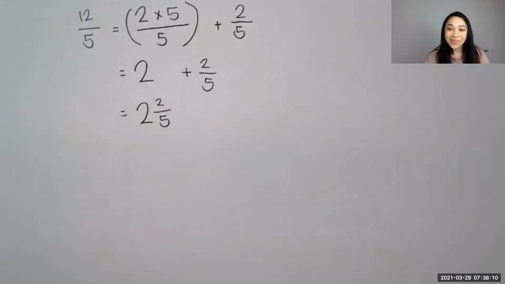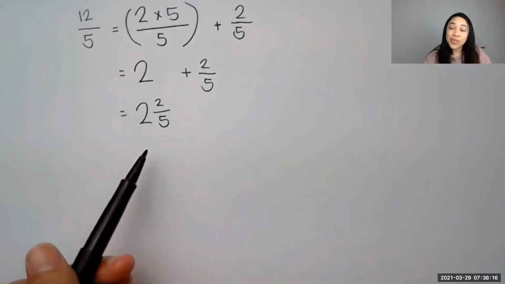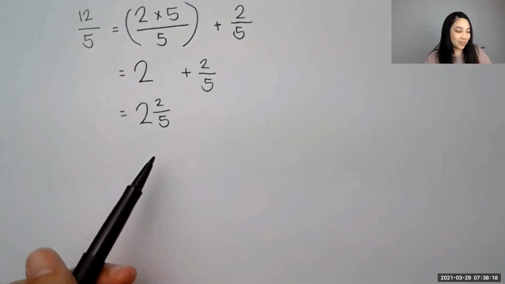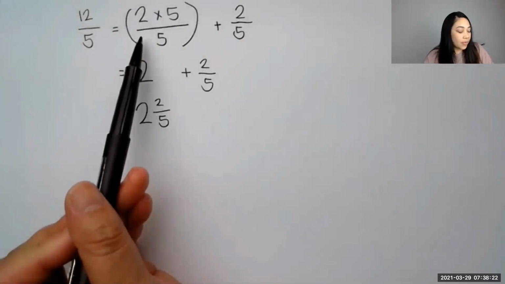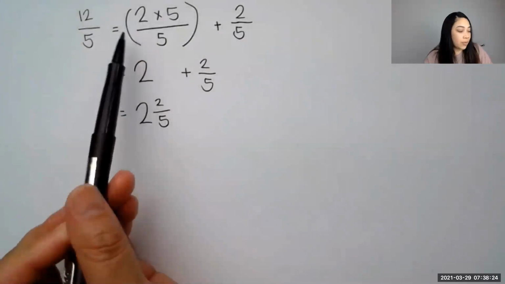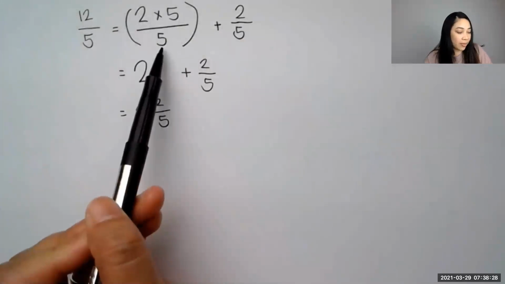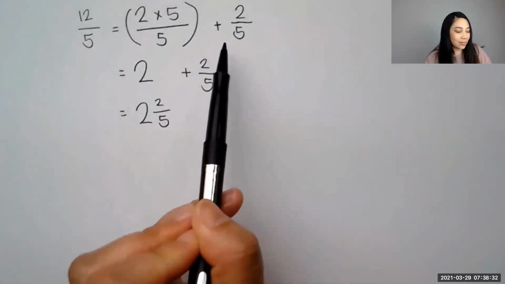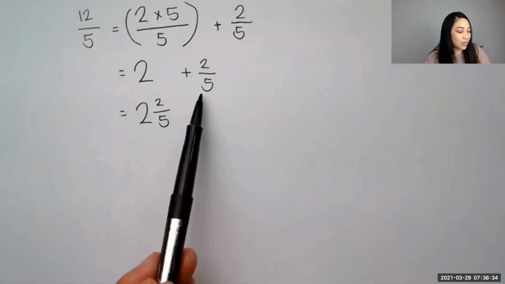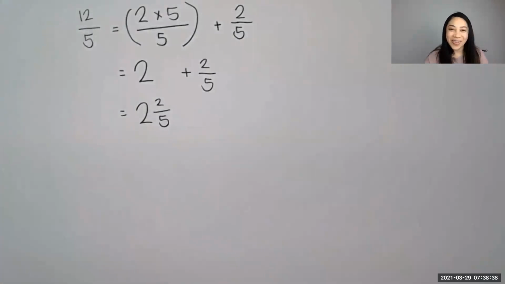Welcome back. Here you can see that I converted 12/5 to the mixed number 2 and 2/5. Here you can see I have 2 groups of 5/5, which I wrote as 2 times 5/5. And then the other part is 2/5. That equals 2 and 2/5, which is our mixed number here.